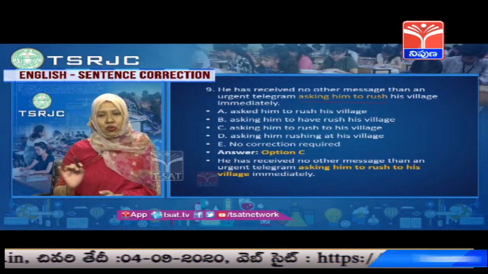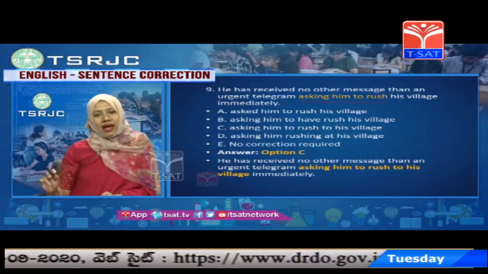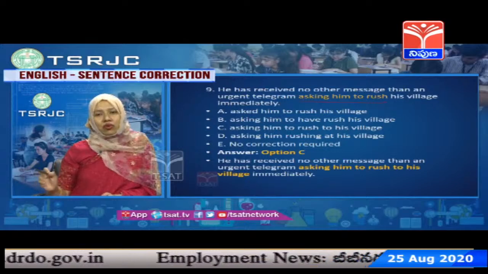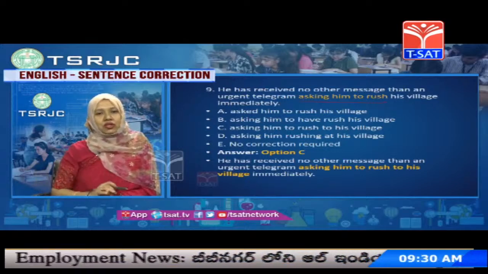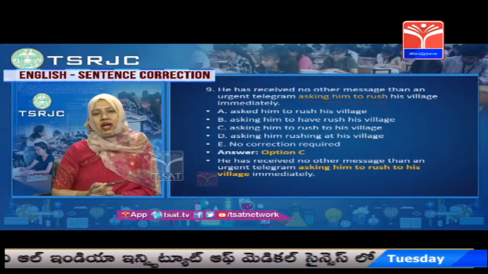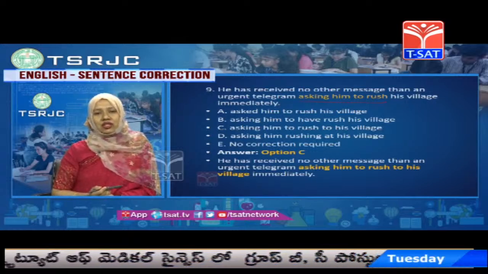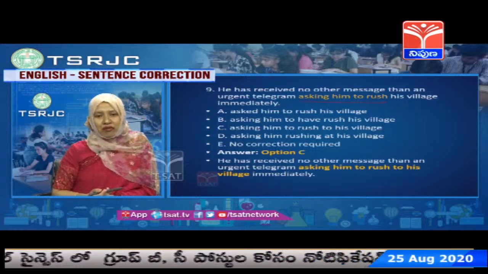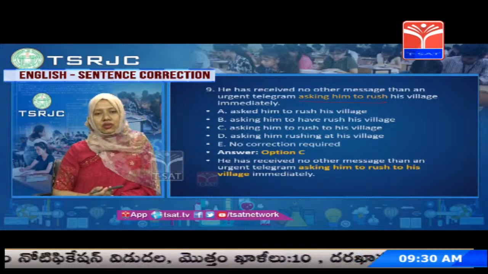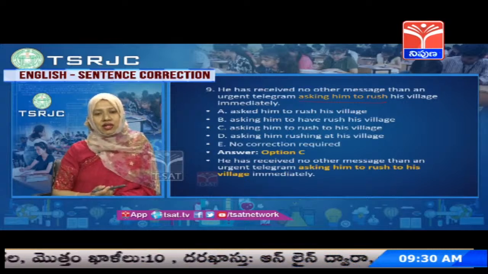Now let us see the options. A, asked him to rush his village; B, asked him to have rushed his village; C, asking him to rush to his village; D, asking him rushing at his village.